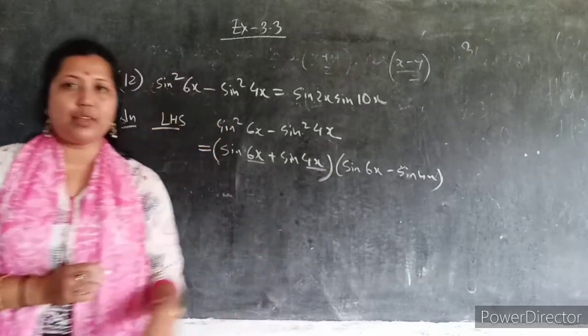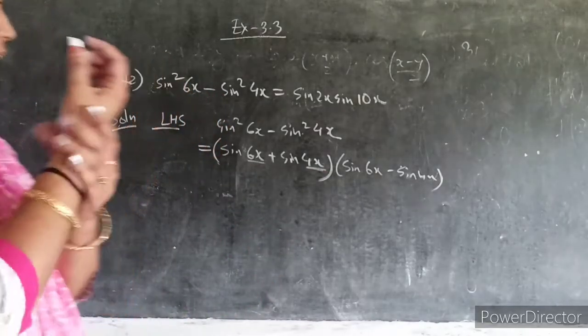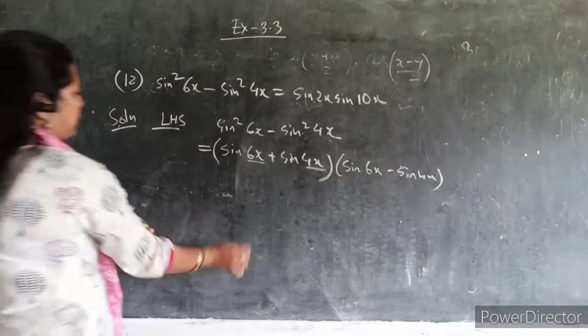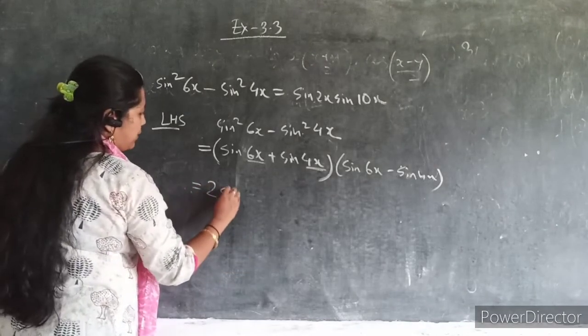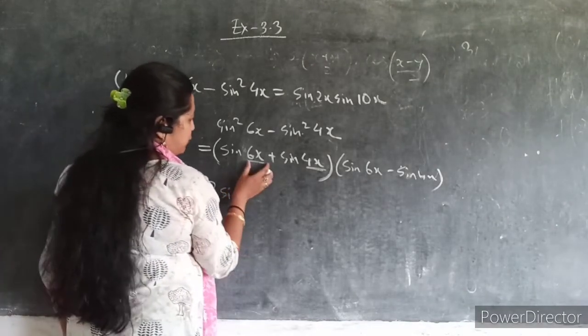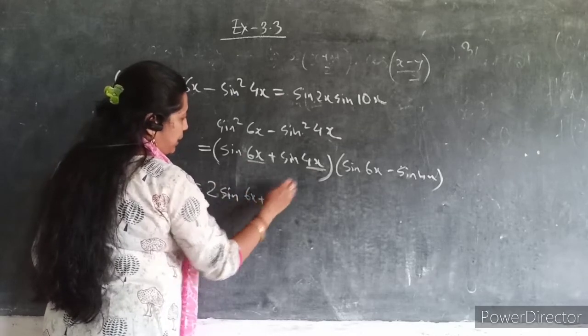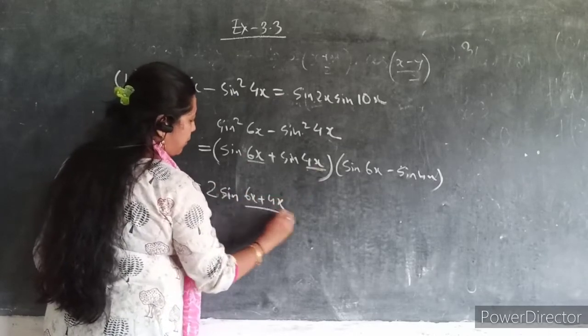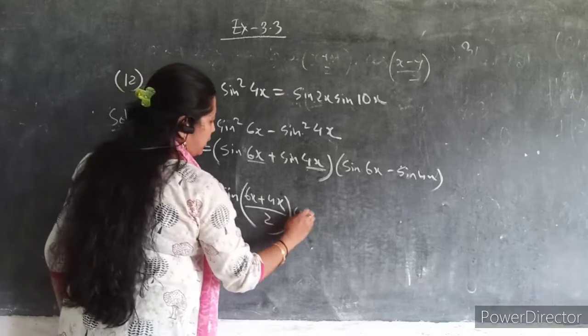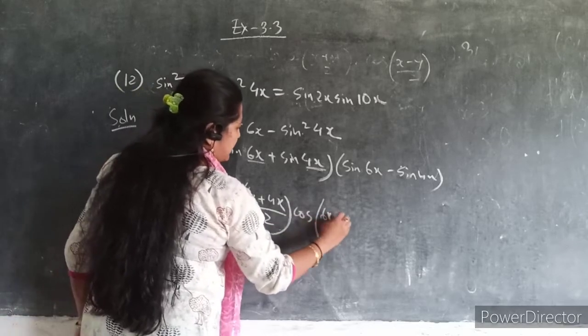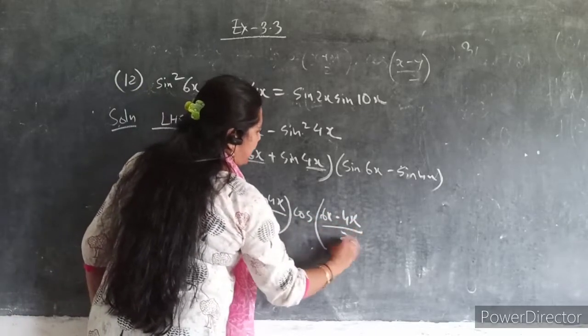From the previous formulas, we have sin x plus sin y, that is 2 sin, first part (6x plus 4x) upon 2 into cos (6x minus 4x) by 2.